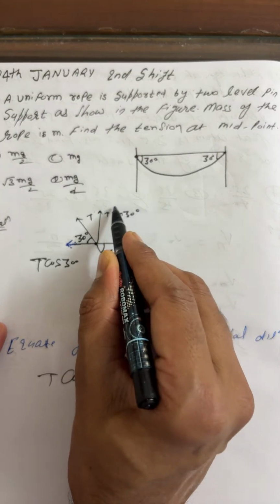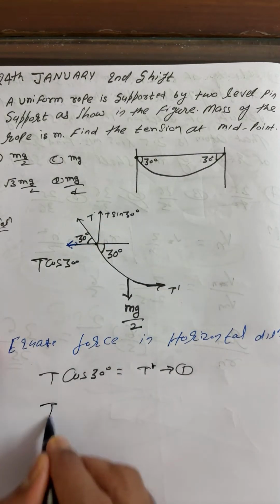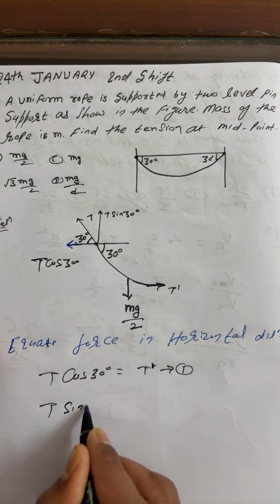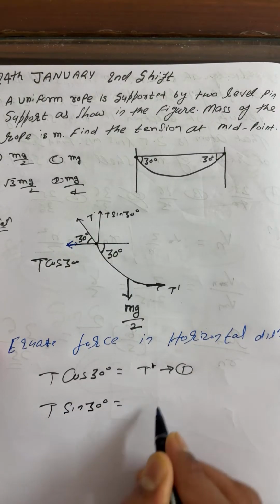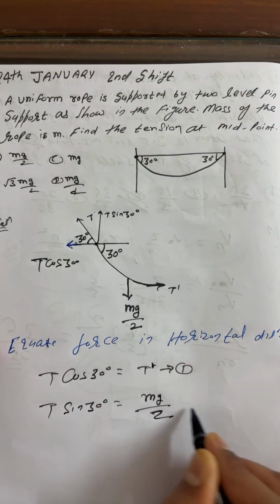Then, equating forces in the vertical direction, T sine 30 degrees is equal to Mg by 2.